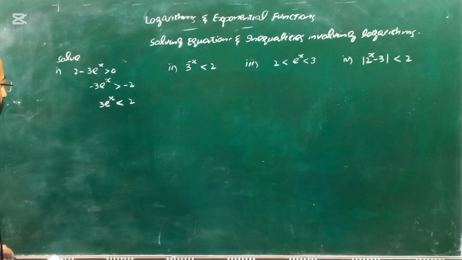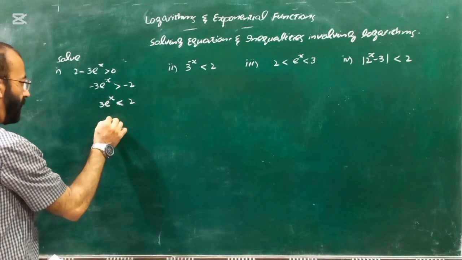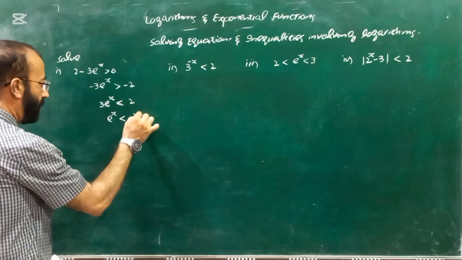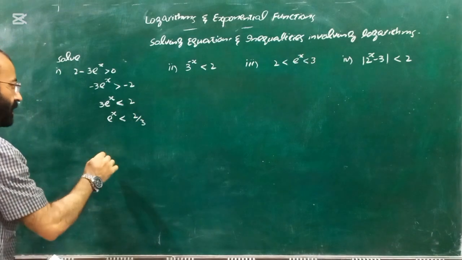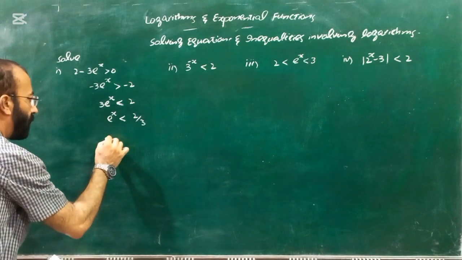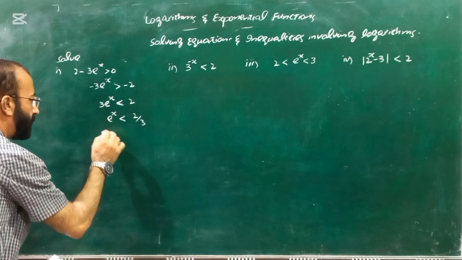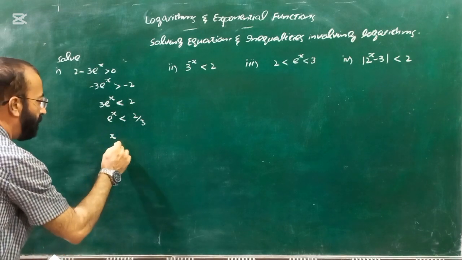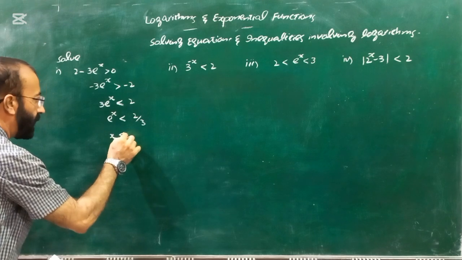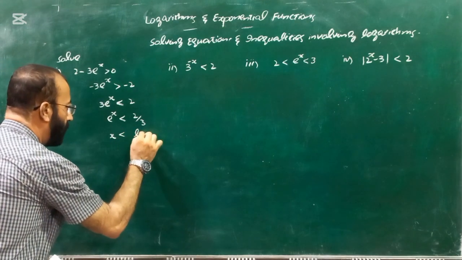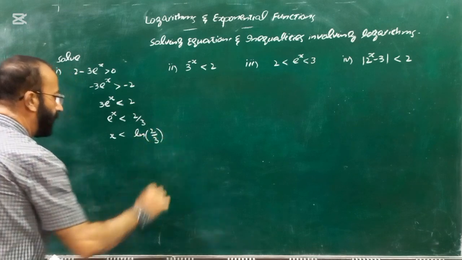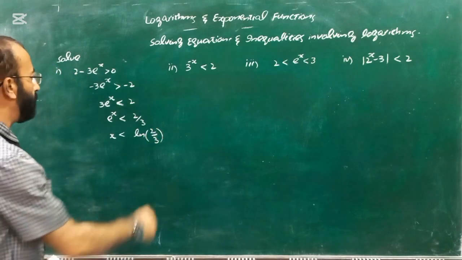Okay, this 3 will go to the right side, so e raised to power x will be lesser than 2 by 3. So at this step, take the natural log of both sides, so x will come here, and natural log of e will be equal to 1, so x is lesser than natural log of 2 by 3. So this is the answer of this part.